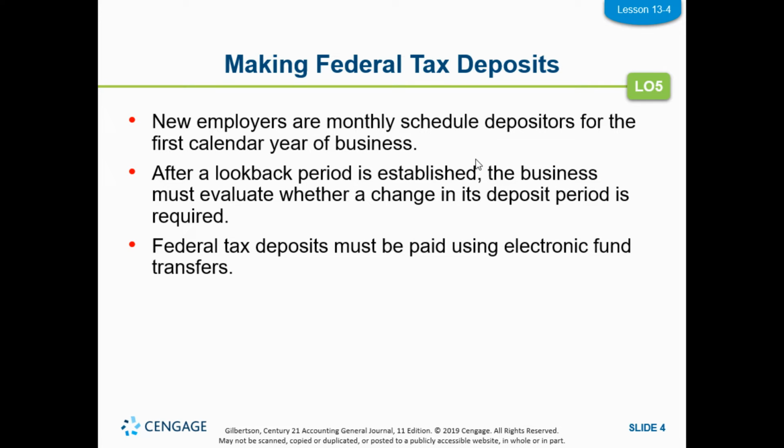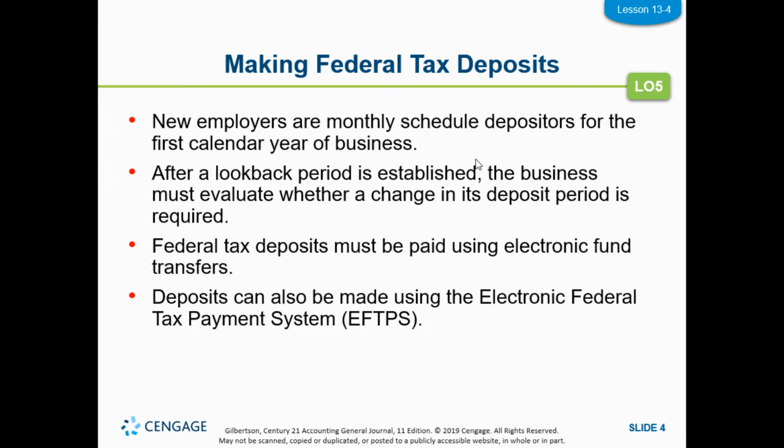Federal tax deposits must be paid using electronic fund transfers. I'd love to talk more about this, and that's called the Electronic Federal Tax Payment System, EFTPS. I have used the EFTPS a lot, not only for the employers I've worked for, but even if you're an independent person, like a self-employed contractor, you have to make quarterly deposits personally, individually to this EFTPS system.